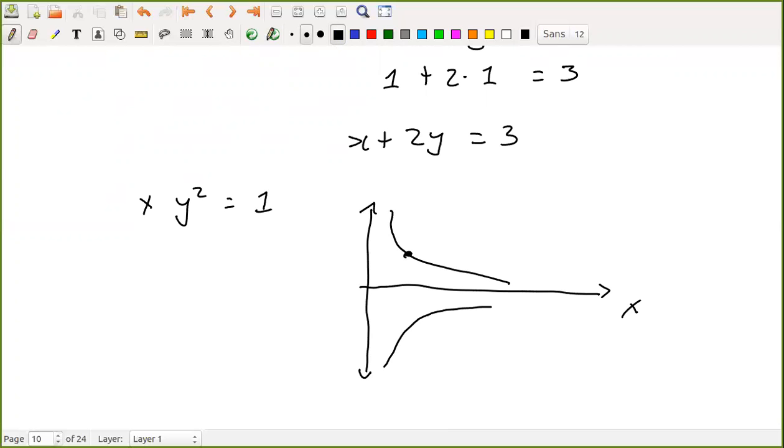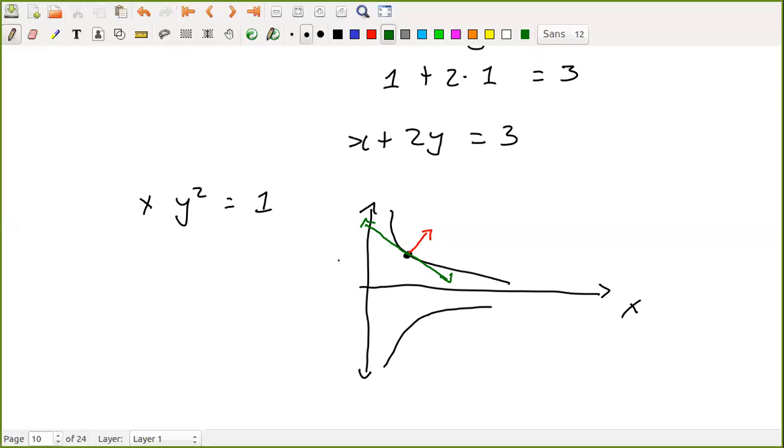This right here is the point 1, 1. The gradient vector would be this, though that's not a very good drawing. Note that the gradient vector is perpendicular to the curve here, and precisely what that means is that the gradient vector is perpendicular to the tangent line. And so this green line segment represents the tangent line.